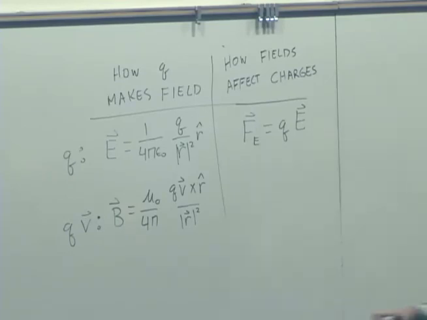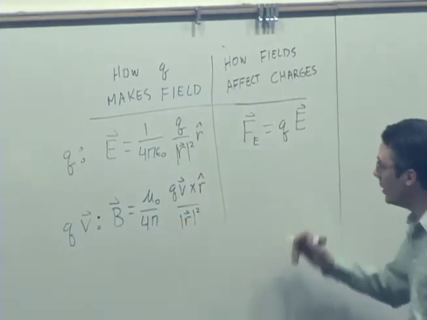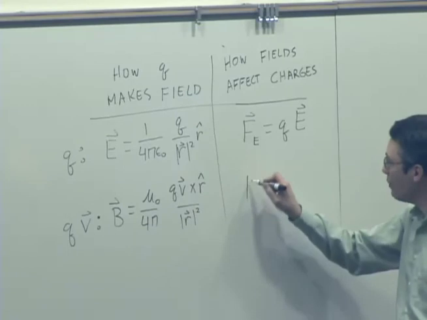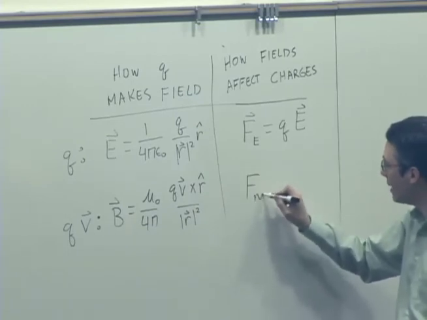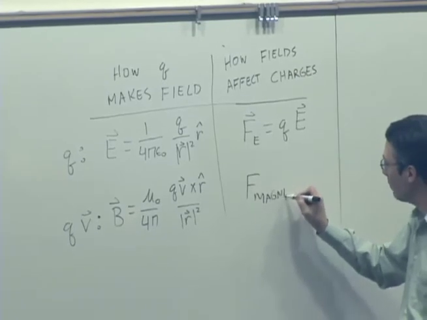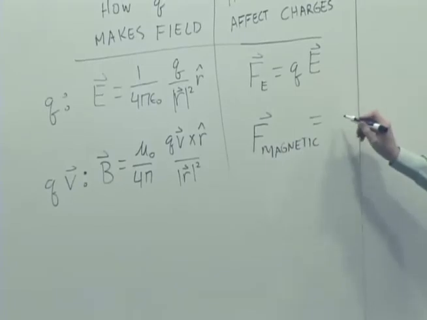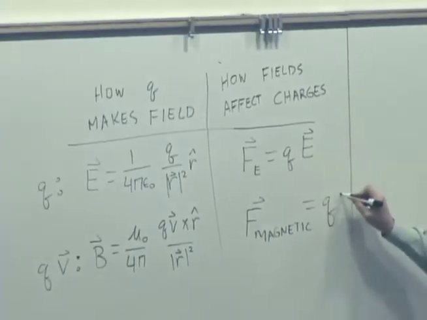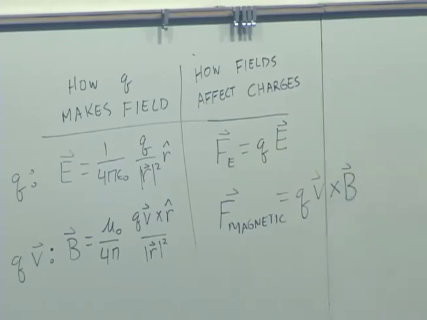And much like how you need to have a moving charge to produce a magnetic field, it turns out you need to have a charge moving in order to feel a magnetic force on it. So we can say the magnetic force, I'll just introduce the relationship and then we'll talk about it, is QV cross B, yet another cross product. Okay, it's the charge times the cross product of its velocity with the magnetic field.